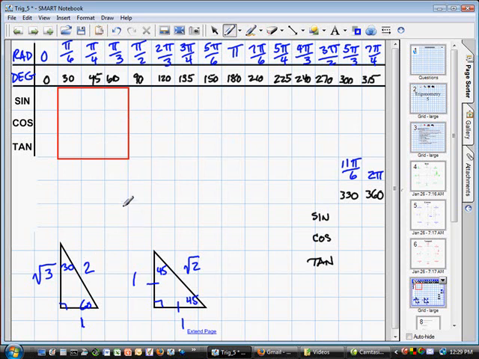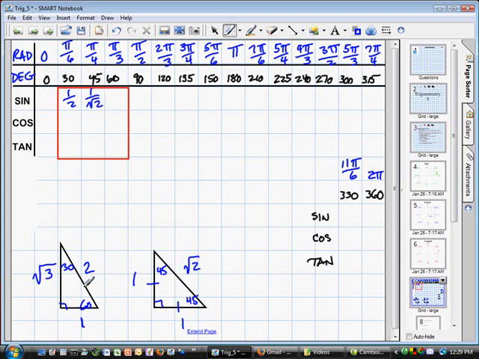Now, using our triangles, let's fill in, first of all, the amounts that relate to those triangles. Sine of 30 degrees, leg opposite over hypotenuse. Excuse me. The sine of 45 degrees. You can use either 45 degree angle. Leg opposite over hypotenuse.